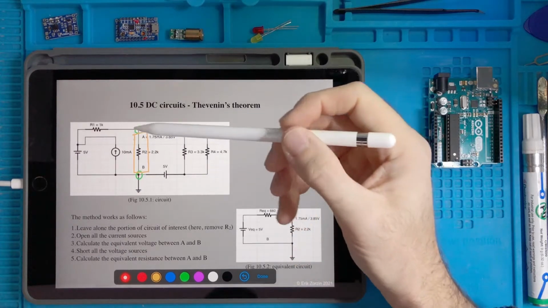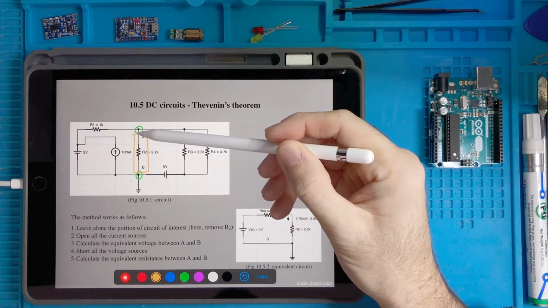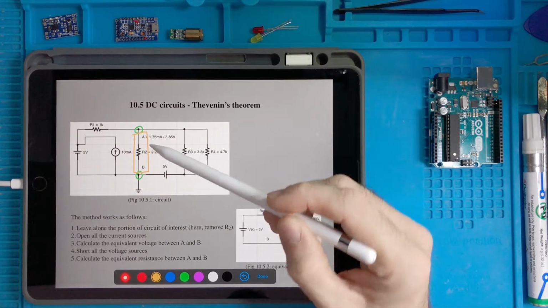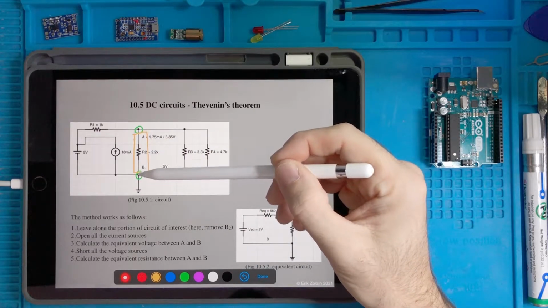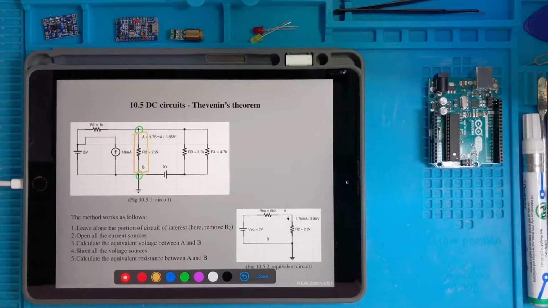So if I select a branch between two nodes, the only two variables that this branch and the component in it, the resistor R2 in this case, can see are the voltage between A and B and the current flowing in it. Can I substitute the rest of the circuit in order to produce the same voltage between A and B and the same current in R2?